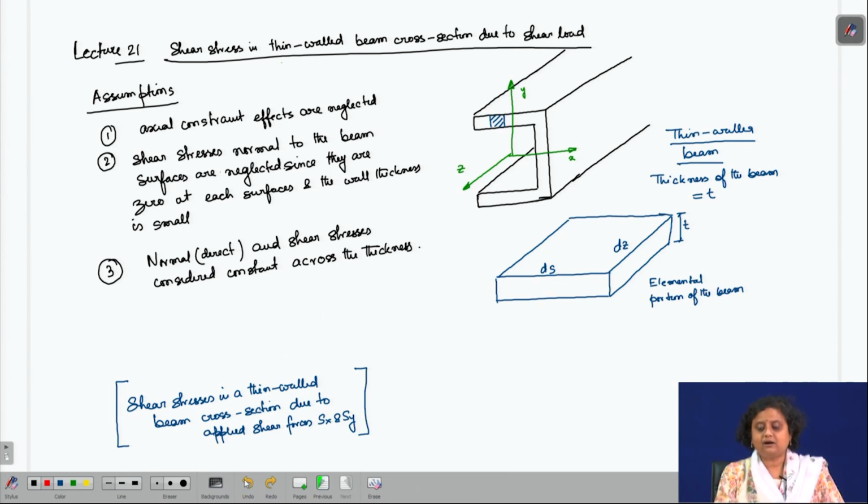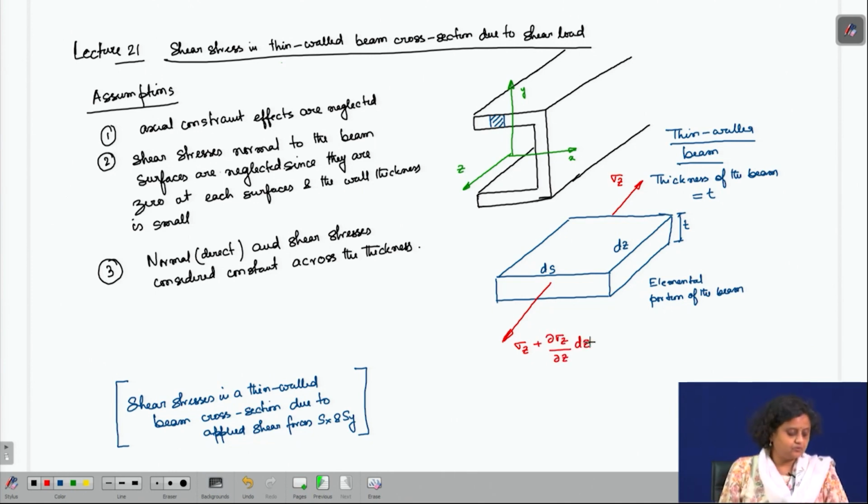Now, once we have understood these assumptions, let us write down the stresses that are acting on this elemental portion. One is sigma z, and here I will have sigma z plus its increment.